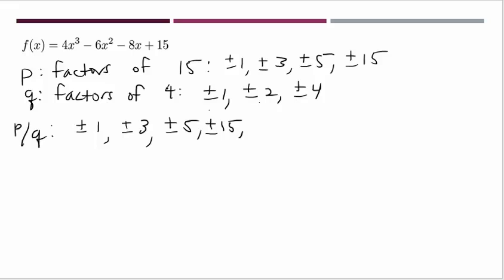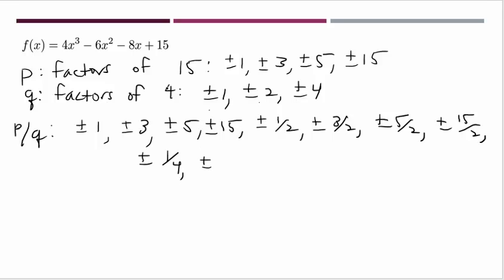Okay, and then we'll take each of them and divide by plus or minus 2. Okay, so plus or minus 1/2, plus or minus 3/2, plus or minus 5/2, plus or minus 15/2. Okay, and then we'll do this one more time and divide by 4. So plus or minus 1/4, plus or minus 3/4, plus or minus 5/4, plus or minus 15/4.